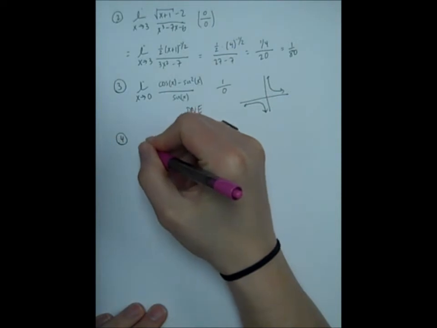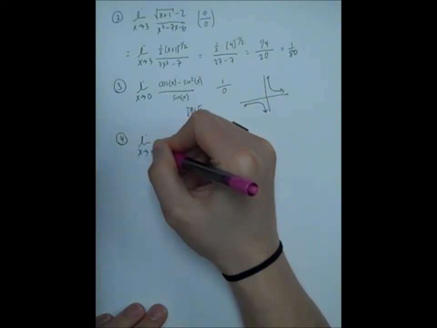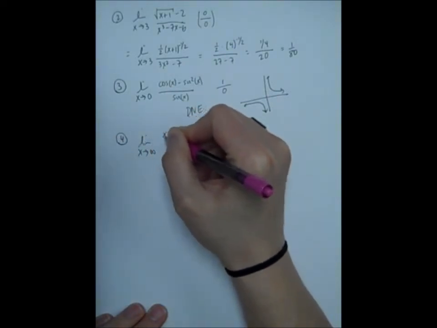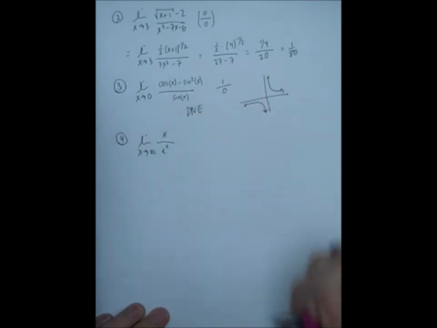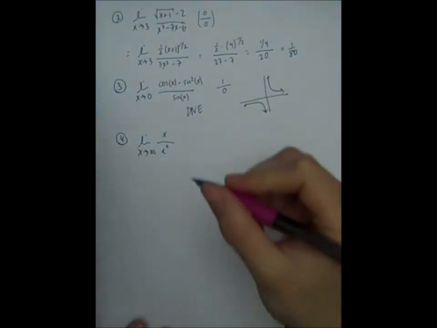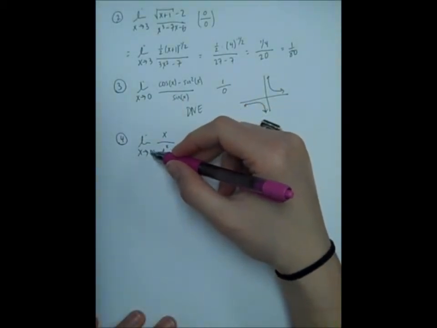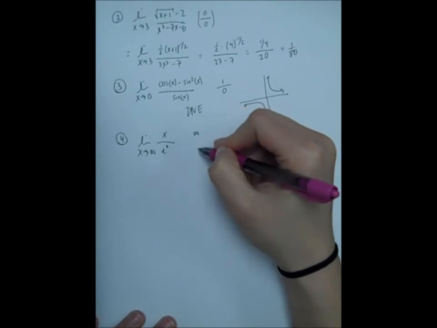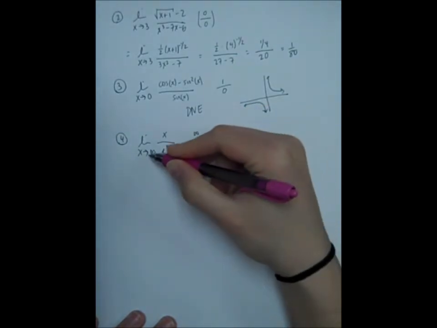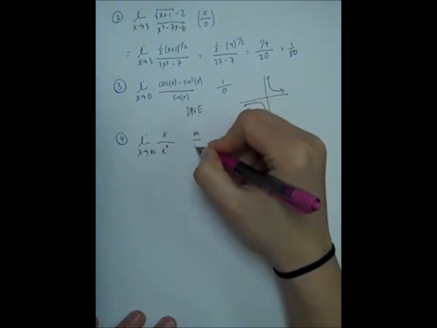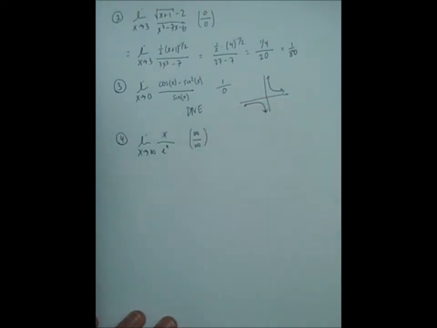Okay, how about the limit as x approaches infinity of x over e to the x? Well, let's see what the form of this is. The limit as x approaches infinity of x is infinity. The limit as x approaches infinity of e to the x, also infinity.